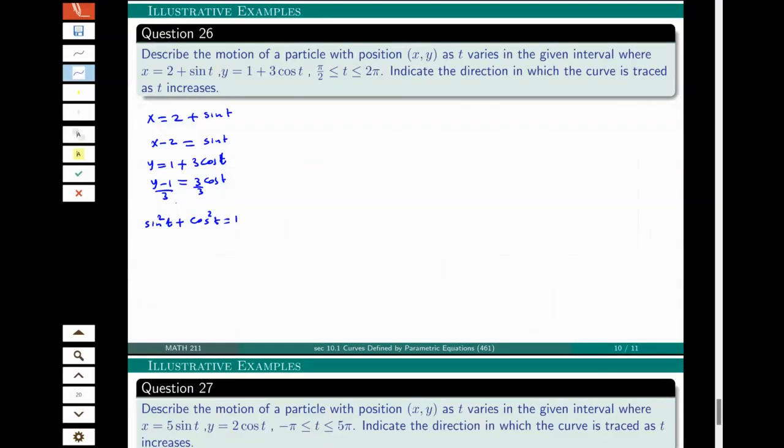That will mean (x minus 2) all squared plus ((y minus 1) over 3) all squared is equal to 1, which means it's (x minus 2) all squared over 1 squared plus (y minus 1) all squared over 3 squared is equal to 1.